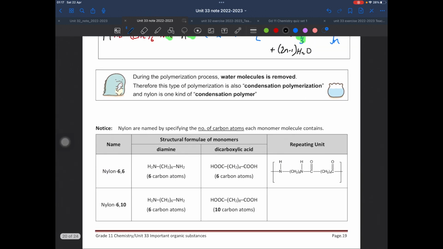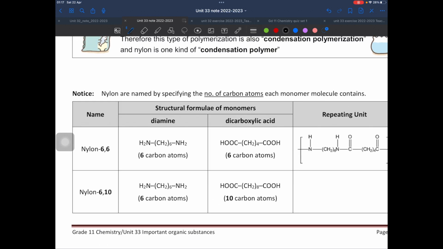Now, for nylon, there is a special naming system. First, we count how many carbon atoms are in the diamine. For example, in case you got 6 carbon atoms in the diamine, then we label the first one as 6. The second one is the dicarboxylic acid.